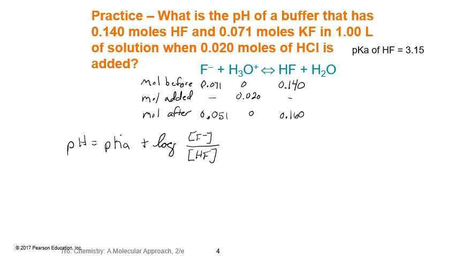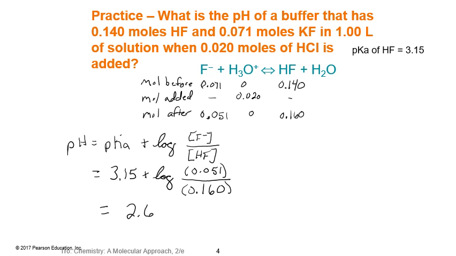If we plug our numbers in, our pKa is 3.15 plus the log of 0.051 divided by 0.160. We have more in the acidic form, and so that is going to lower our pH. We'd expect a pH less than 3.15. And in fact, we get a pH of 2.65 for the addition of 0.02 moles of HCl to our buffer solution.